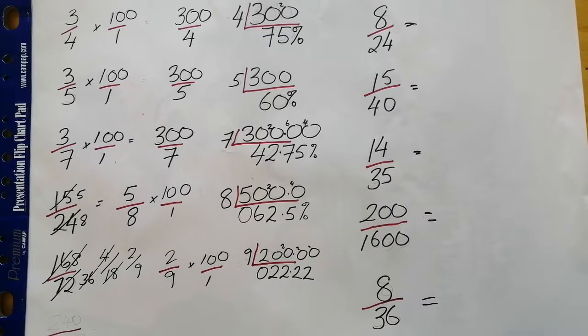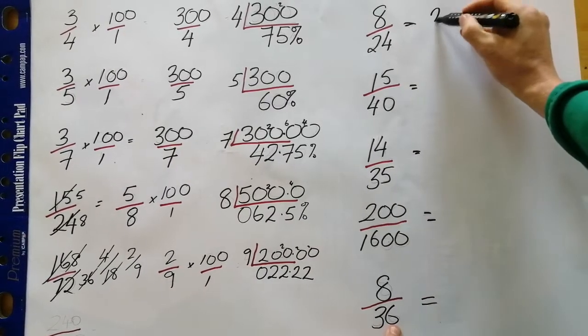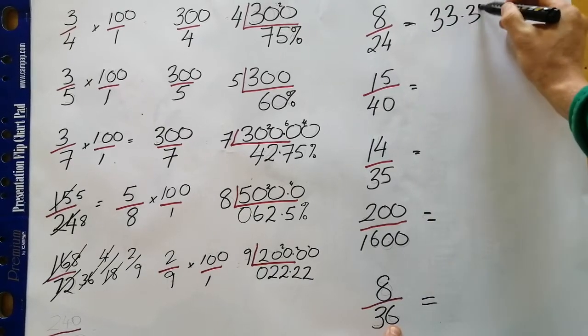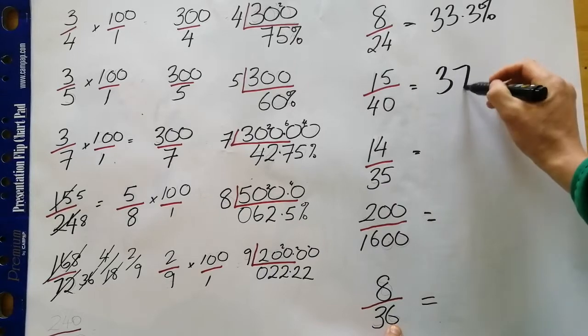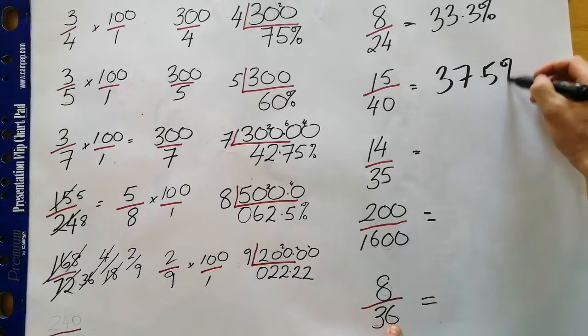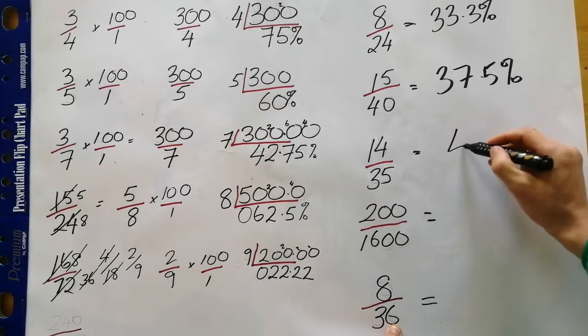Right, and the answers, of course, everything is a percentage. I can see that's 1/3, that should be 33.3%. That's 3/8, that should be 37.5%. That's 2/5, which is 40%.